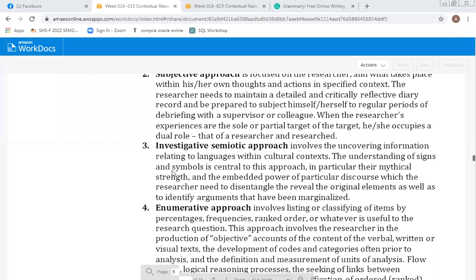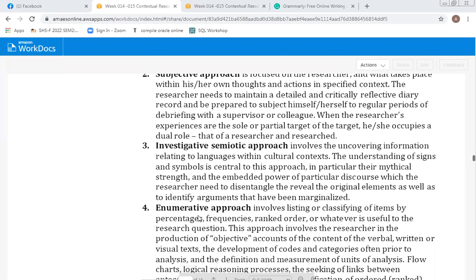So, nagets niyo, yung investigative semiotic approach, you try to gauge your investigation through languages, sa mga sinasalita, because each word or expression is unique to every community. Okay? Unique siya sa every community and then it is also unique in different times. Iba't ibang panahon may kanya-kanyang expression, may kanya-kanyang language, may kanya-kanyang characteristic.